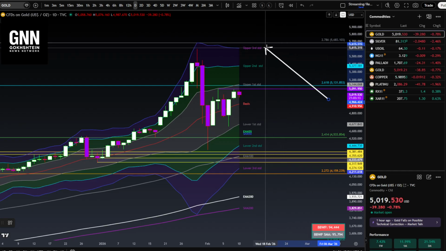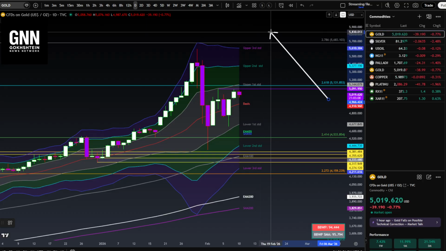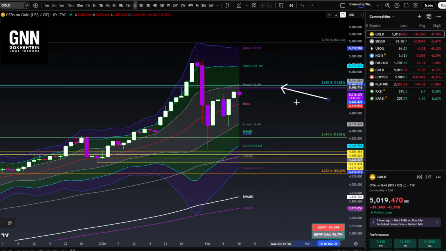And we'd likely see the upper third start to twist up towards 5700, 5800, and then towards 6K.